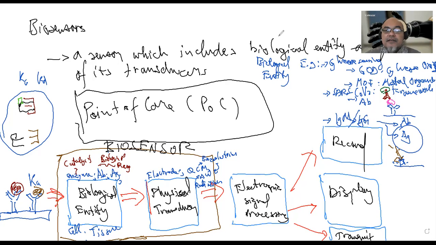Is there any question so far regarding this definition and concept of biosensor? Usually this will appear as one of the questions for the oral final exam, and your batch is among the last batches to have an oral final exam. So you have to be able to understand and explain this concept.